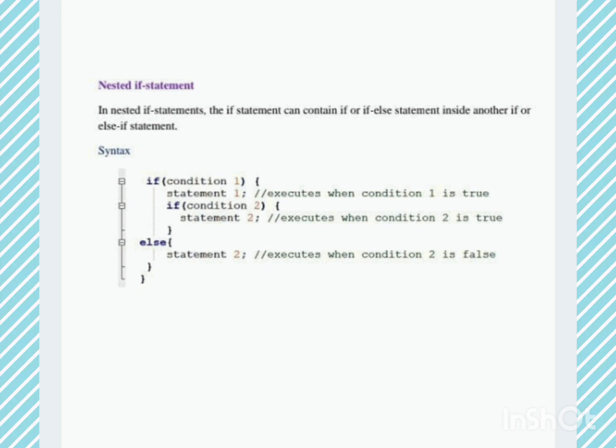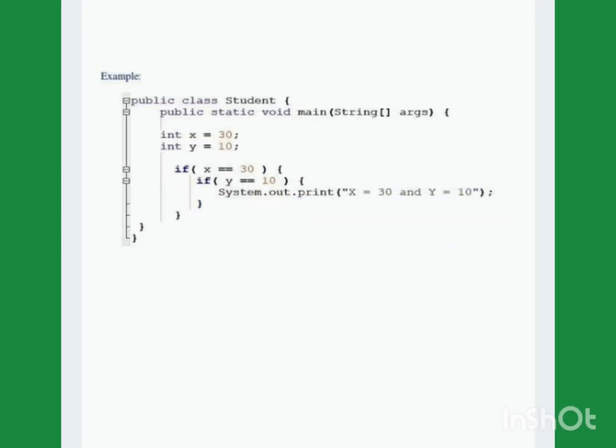And the last type of if statement is the nested if statement. A nested if statement means an if statement inside an if statement, or an if else statement, or an else if statement. Here is the syntax for the nested if statement. In the if statement, the block executes when condition 1 is true and condition 2 is true, and the else statement executes when condition 2 is false.